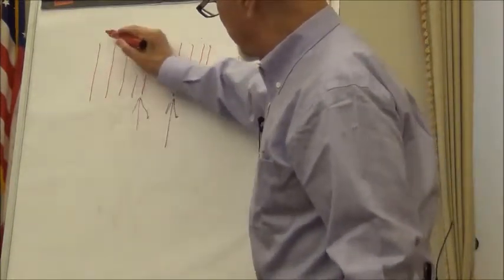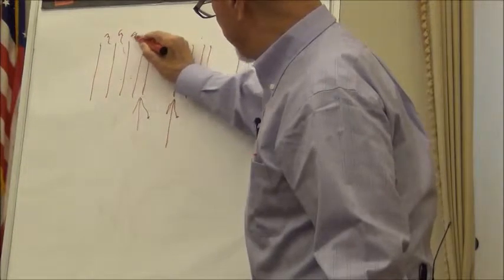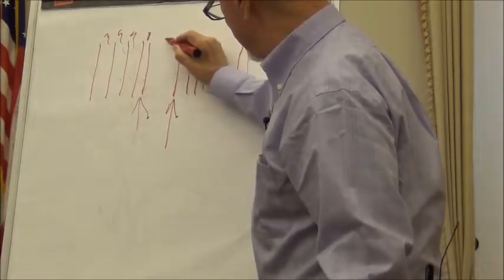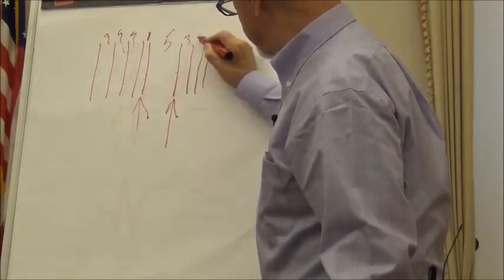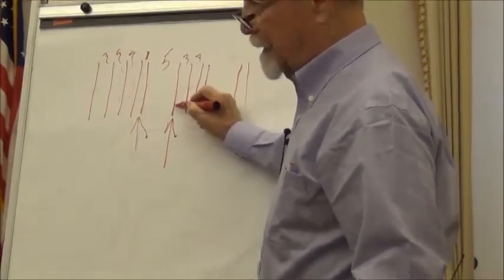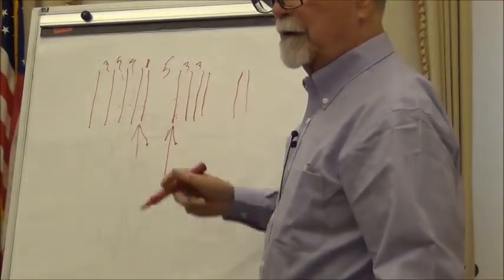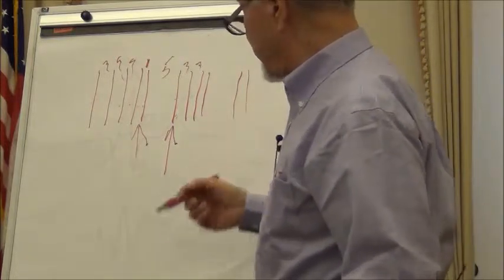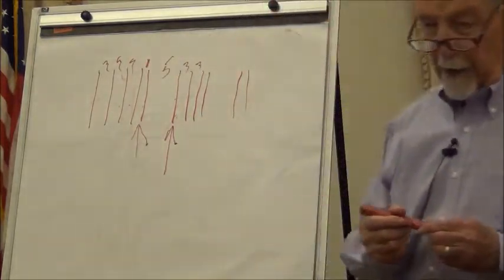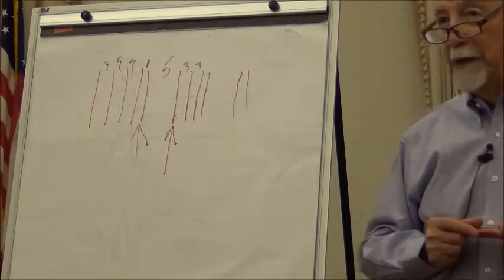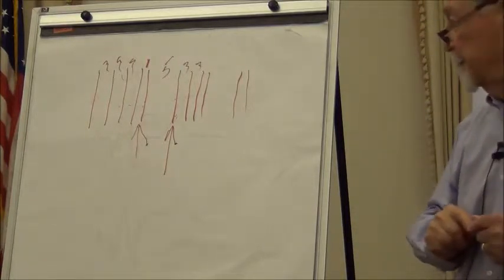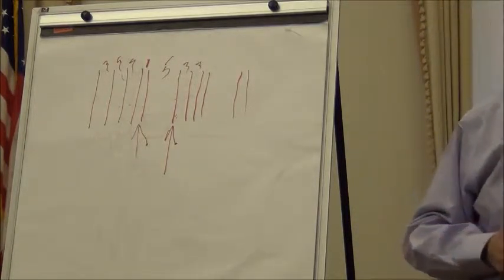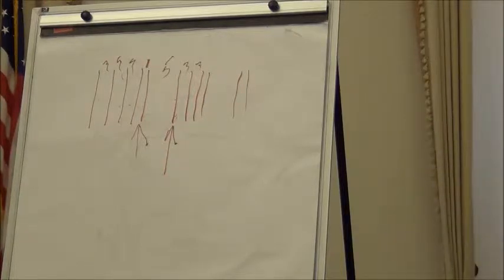So it pumps out 3 ounces, 3 ounces, 3 ounces, 1 ounce, 5 ounces, 3 ounces, 3 ounces. So it's the next normal beat that you feel that says there's something going on. This is very common and is not to be treated. It doesn't need treatment. Just something to be aware of if it happens to you.